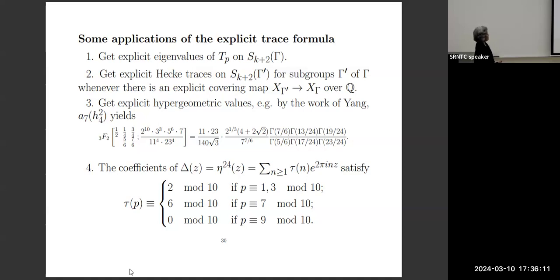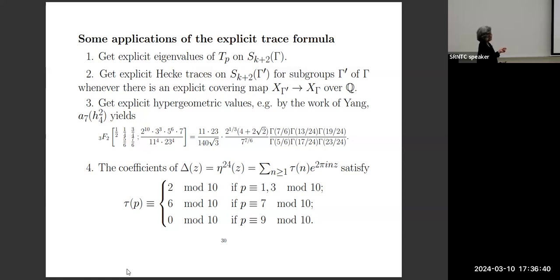And the last one is that if we look at the Ramanujan delta function, the weight 12 cusp form for SL2Z, or we call it the tau function. We look at tau at prime p, and its value modulo 10, you will see that it's non-zero modulo 10, except for the one class when the prime p is congruent to 9 modulo 10.